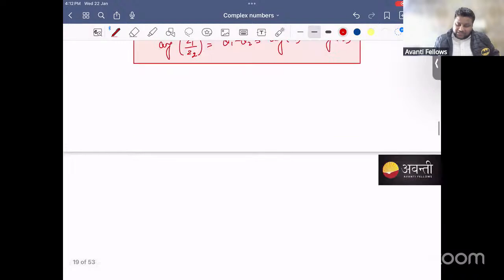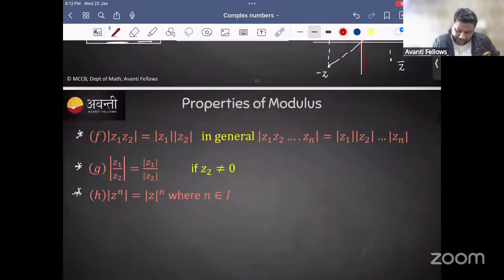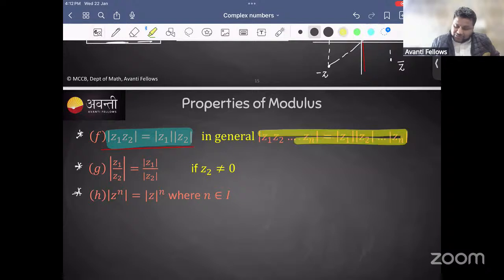So with this, I can say that magnitude of z1 z2, see this property, is magnitude of z1 into magnitude of z2. Or in general, if there are more complex numbers, then magnitude of z1 z2 z3 up to zn is magnitude of z1, magnitude z2, up to magnitude of zn.